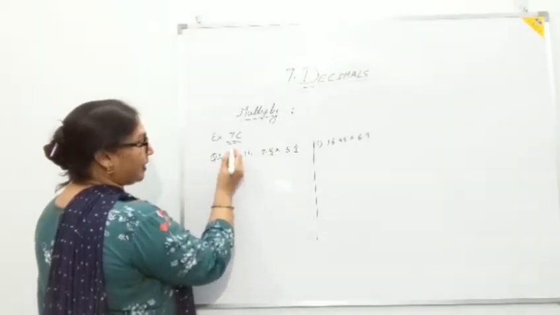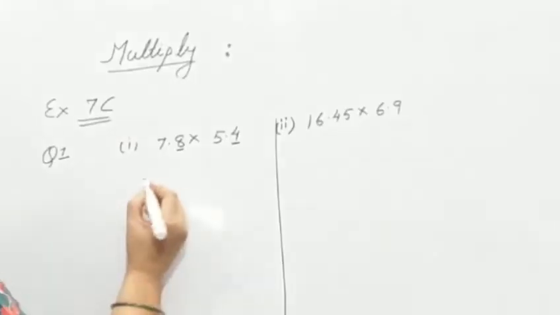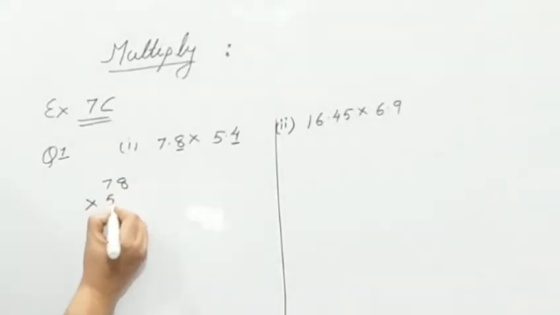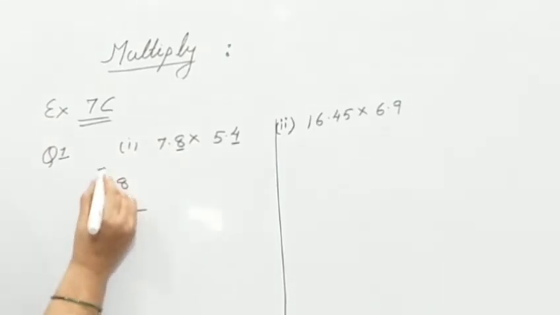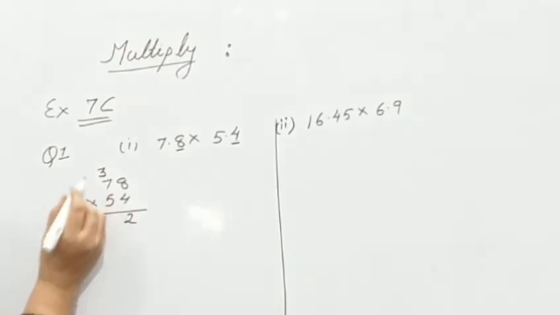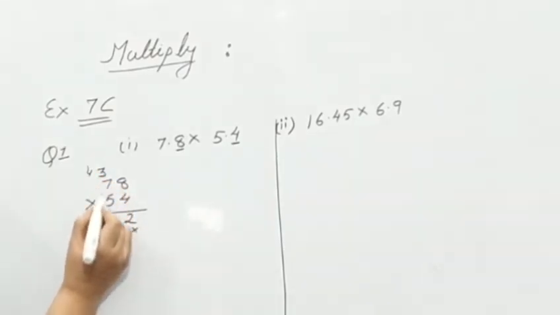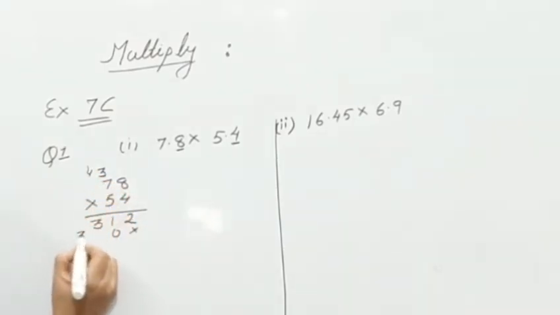It's your exercise 7C question 1 first part. Take the two numbers, 78 into 54. Do multiplication. 4 8s are 32, 2 down, 3 carry, 4 7s are 28 plus 3, 31. Move on to the next digit. 5 8s are 40, 0 down, 4 carry, 5 7s are 35 plus 4, 39.